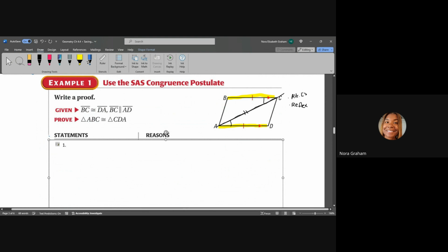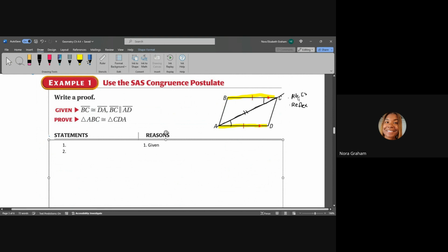So for one, I'm just going to write this for sake of time. Usually you always have to write your given. When I write my given, I usually write exactly what they have under given, right? So then for 2, let's go ahead and use one of our theorems. We know we're going to use the alternate interior angles theorem.